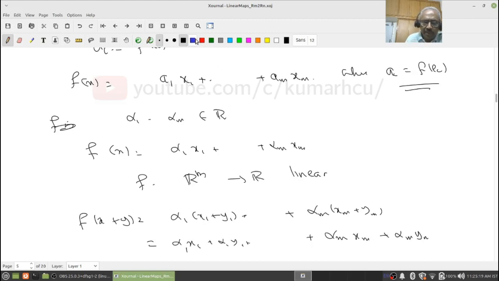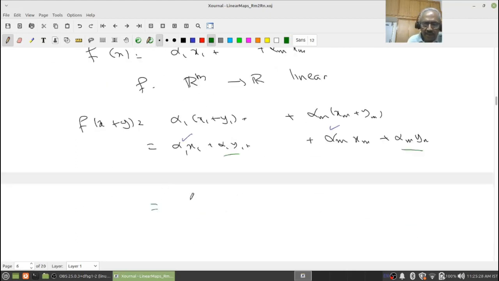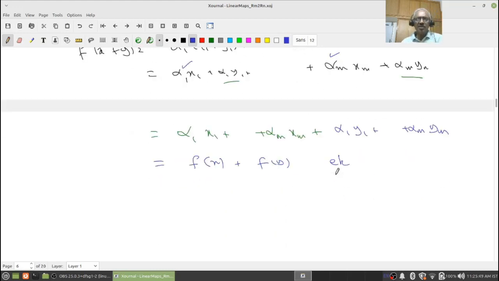Then I club these things together, and I club those things together. Similarly for scalar multiplication.